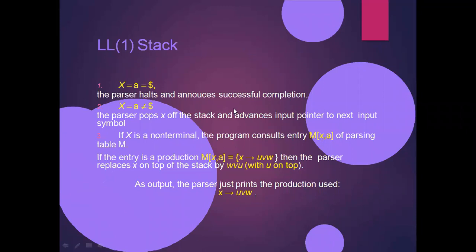When you learn with an example, you can clearly understand when we push into the stack, when we pop a terminal, when we reach successful completion, and when we halt the process.